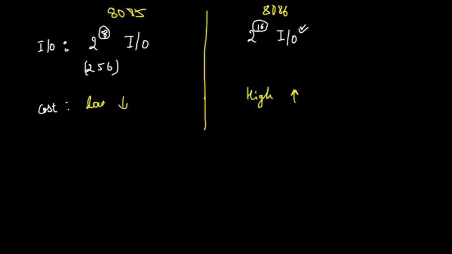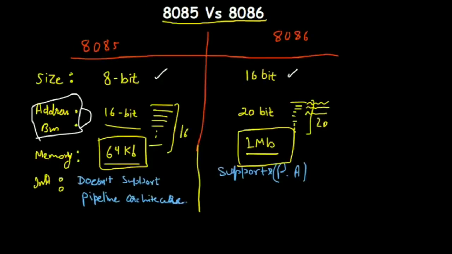Like here it is written that 8085 is not supporting the pipeline architecture, means there is only one pipe. Don't get confused that it has no pipe, because there is definitely one path in which the data flows inside the processor. Don't get confused with the address bus.